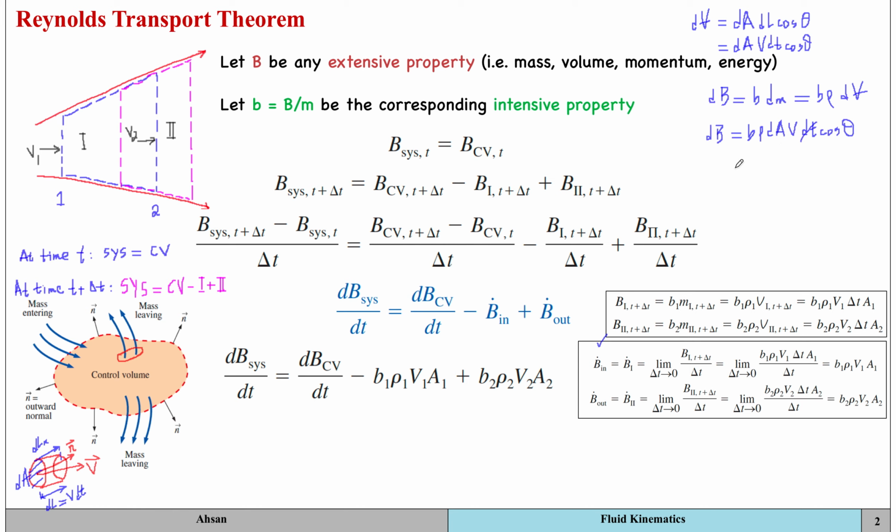So it's going to become dB by dt is equal to small b into density into differential area into velocity into cos of theta. And now I can simplify this further by simplifying v cos of theta, because v cos of theta is essentially v multiplied by a magnitude of 1 into cos of theta.